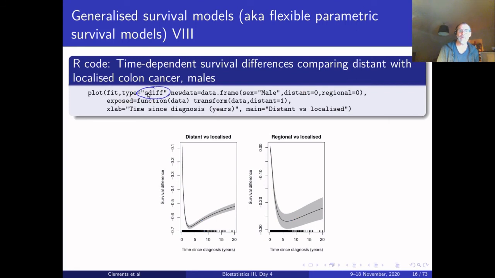What we can also do is plot survival differences. So again, we start off with males. This is important because it's not a hazard ratio.